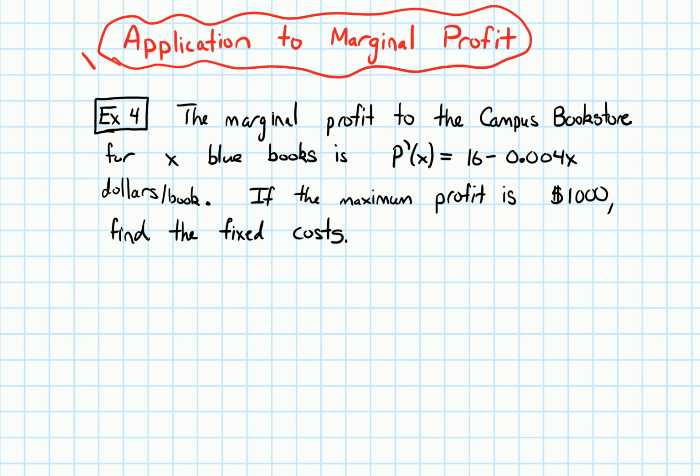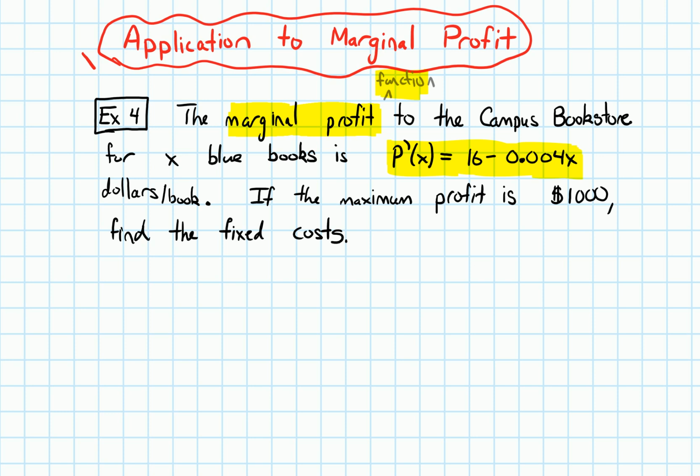So to review, remember that the marginal profit function, so it's sort of implied that it's talking about the marginal profit function, is the derivative of profit. In this case, the problem tells me the derivative of the profit.